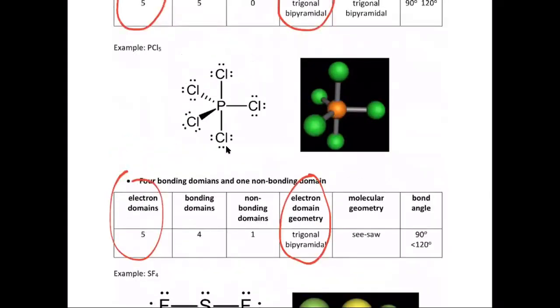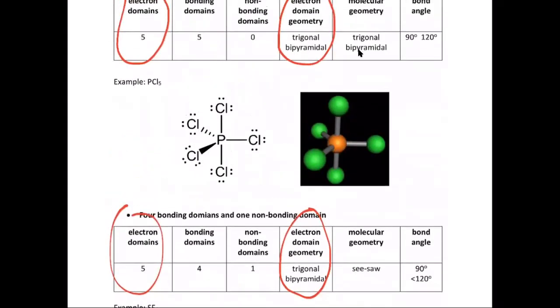What changes as you go through some of these is the molecular geometry, because the molecular geometry depends on both the total electron domains, but it depends on how many of them are bonding domains and how many of them are non-bonding or lone pair domains.